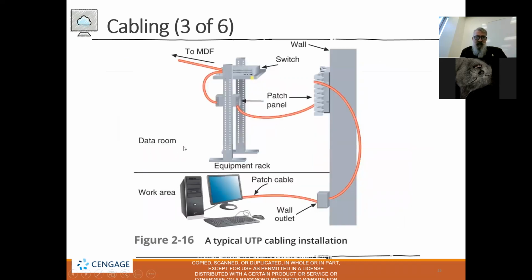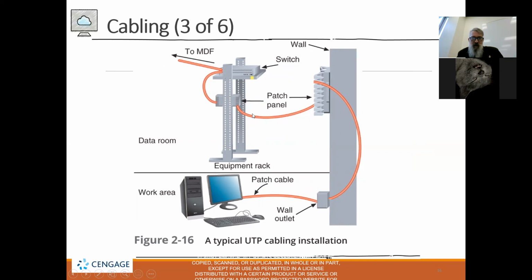Again, some more on that cabling in the data room. So here we have a 2-post cabinet, and this is a backbone or vertical connection there, and then a short cable that connects to a patch panel, and then that is connecting to your work area. So these would be Ethernet type connectors here.